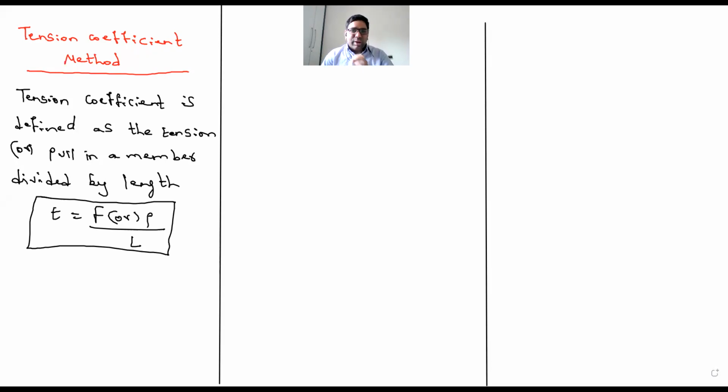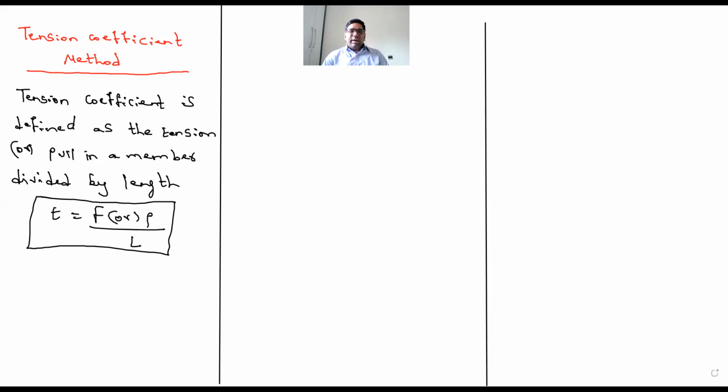Now the method is very simple. It is a straightforward method. We need not even trouble ourselves with how to use it. One of the easiest methods, but one important thing is, first you need to know the coordinates of the joints.